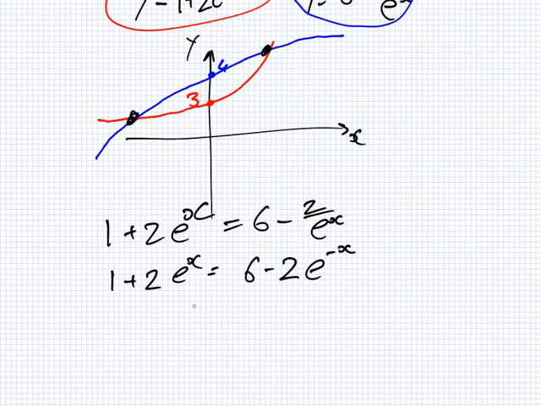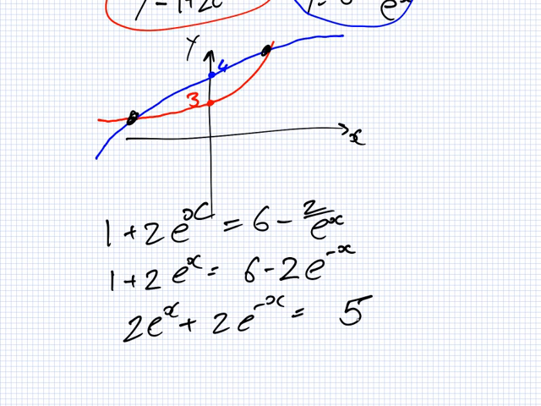So if I take things to one side, 2e^x plus 2e^-x equals 4.5. Okay, next. I could divide by the 2 if I wanted to.